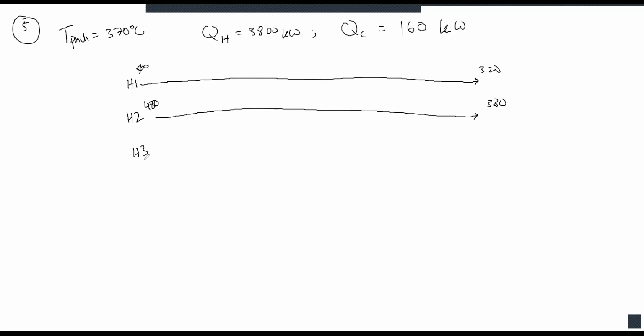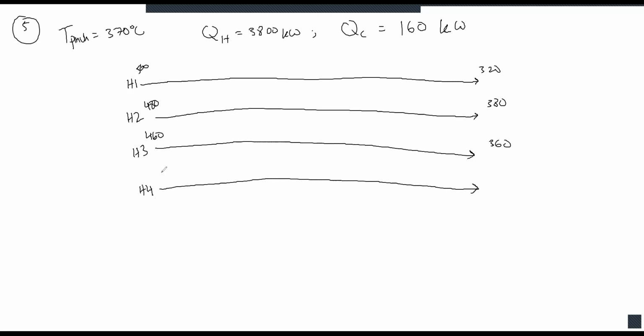H3 is going from 460 to 360, right? H4 is going from 380 to 360.